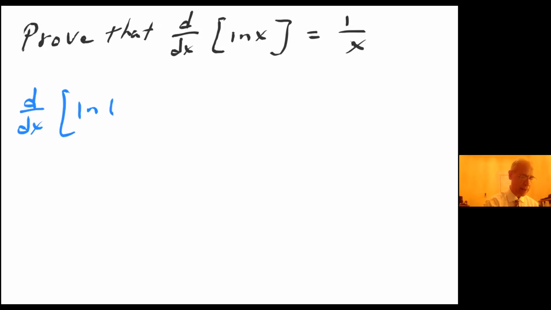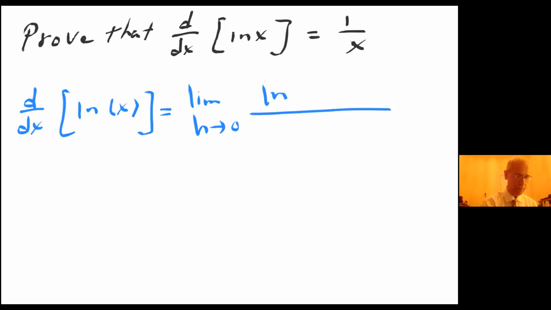natural log of x equals the limit as h tends to 0 of natural log of x plus h minus natural log of x, all over h. Okay.